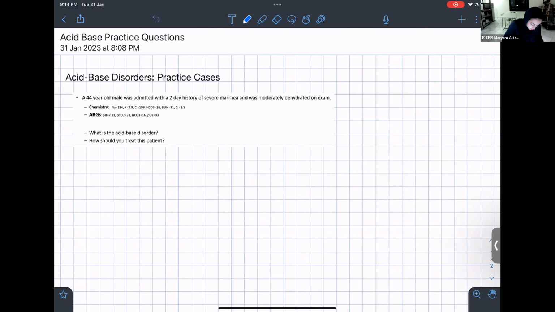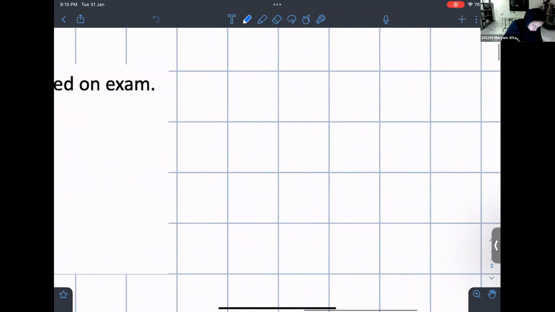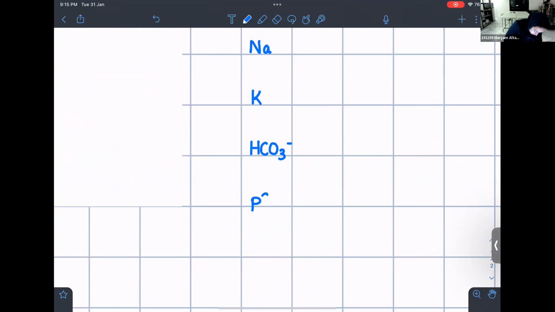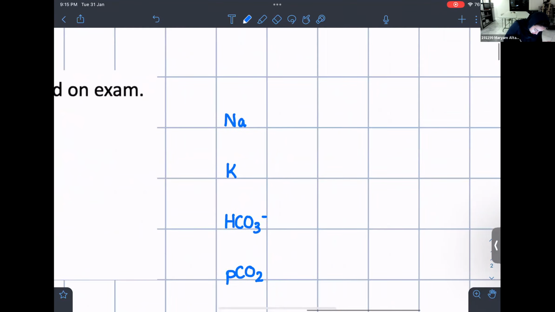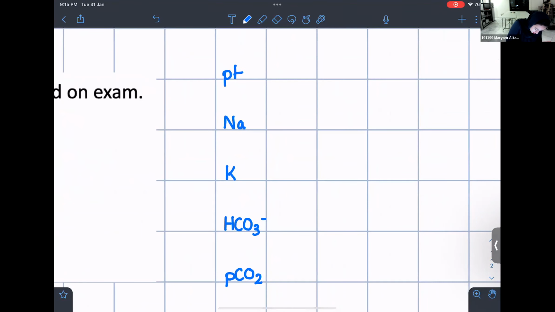So what I'm firstly going to do is let's write out the normal values here on the side, okay? So we have the things that we usually need to calculate with. Remember, sodium, potassium, bicarb, okay, as well as our PCO2. And we know, of course, our pH.